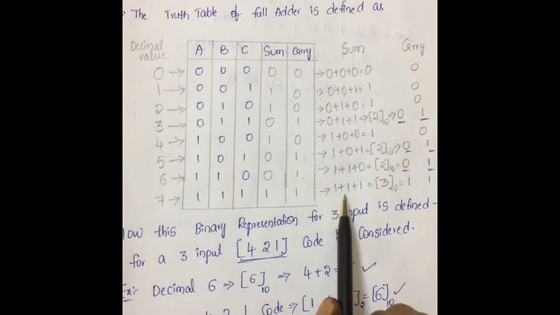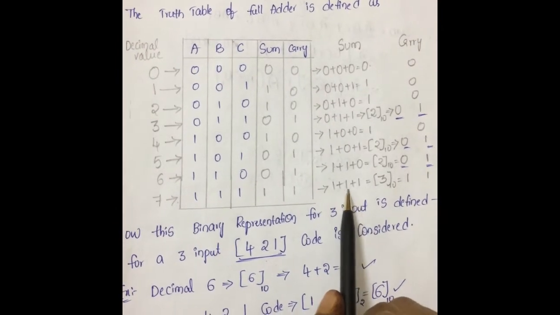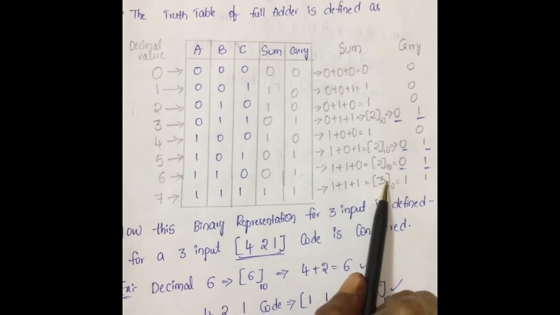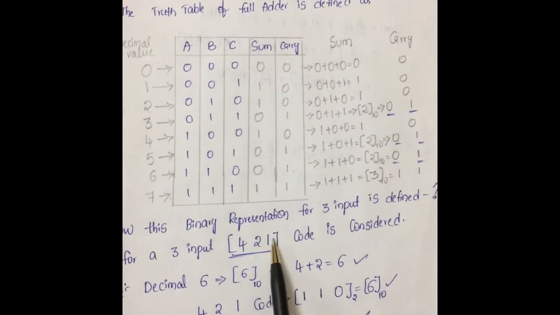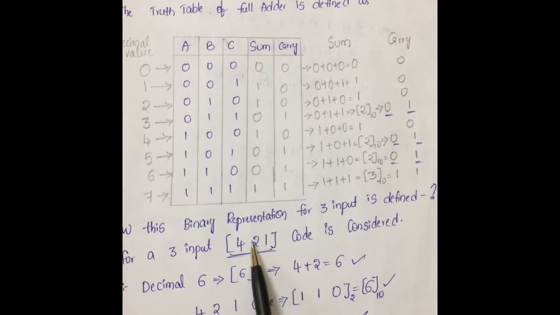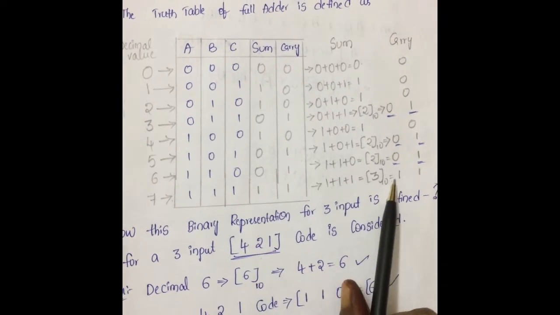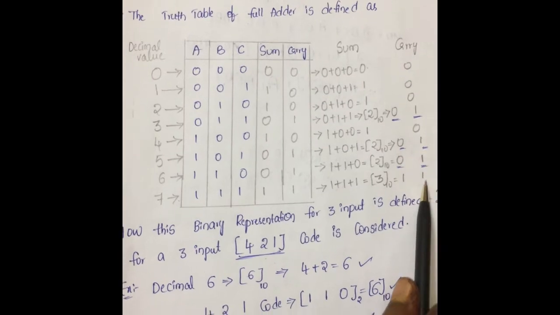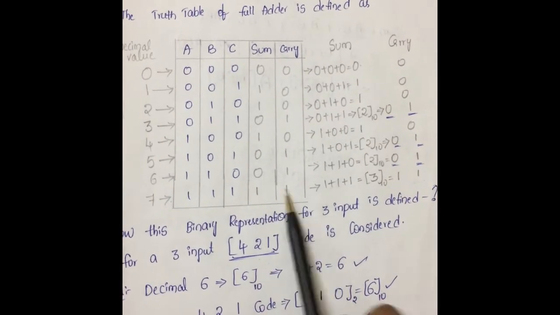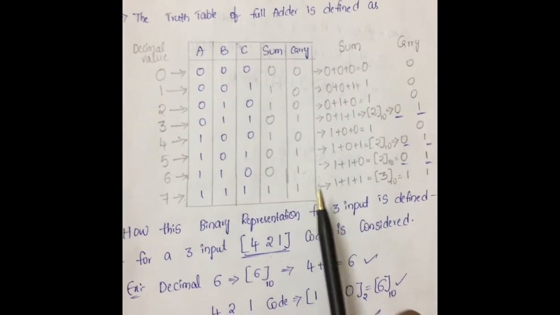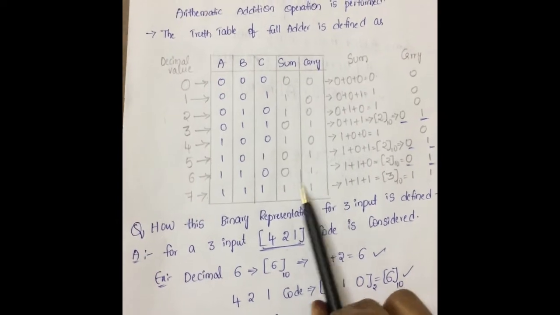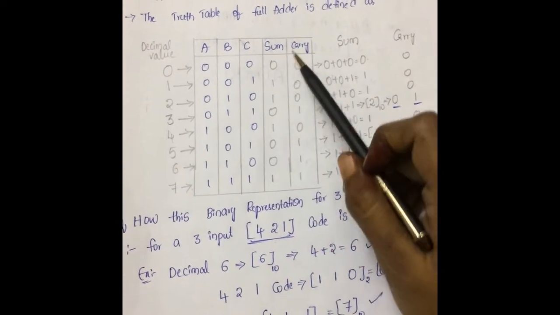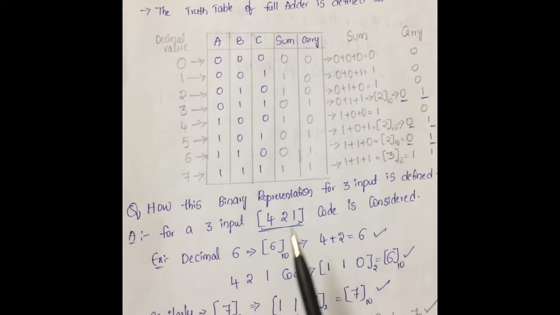In a similar manner, for 7, 1 plus 1 plus 1, decimal value is 3. Decimal value 3 means 2-1 code; for a 2-bit representation we take 2 plus 1 is 3, right? So that's why sum is 1 as well as carry is 1. This is about the full adder sum and carry representation. We have got the sum values as well as carry values.